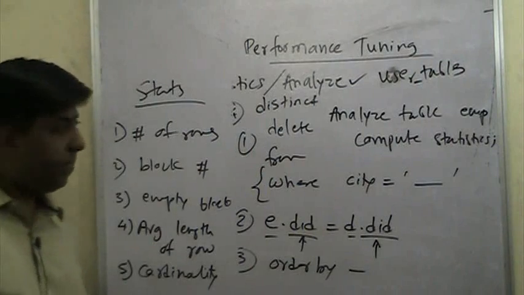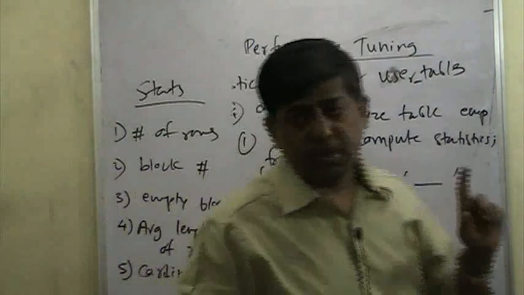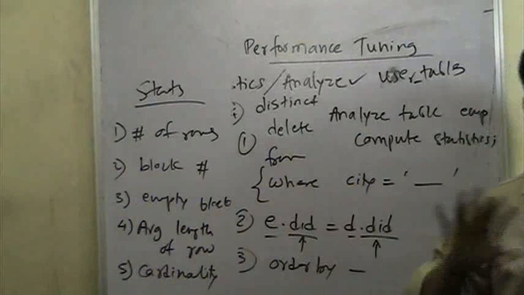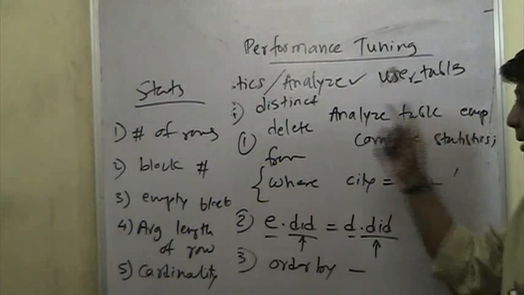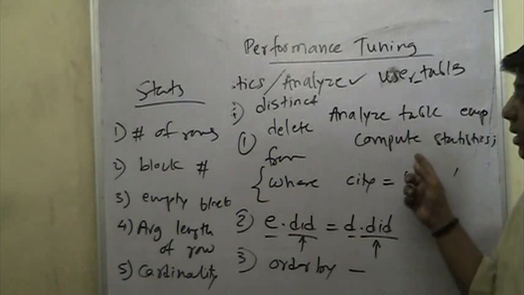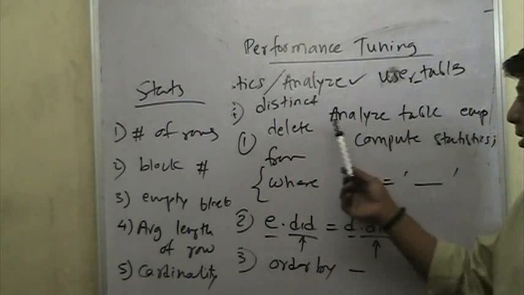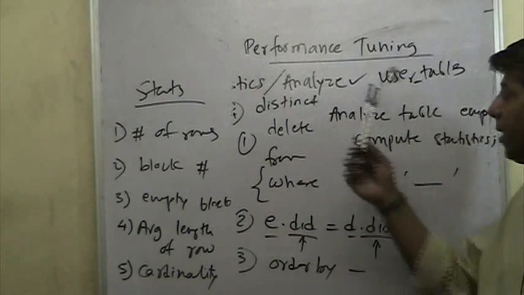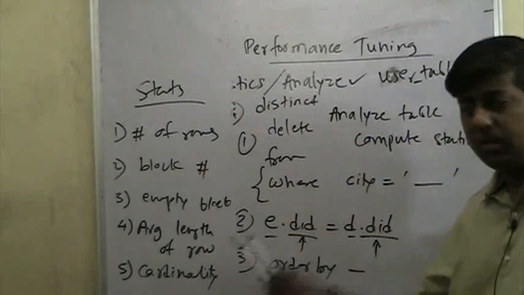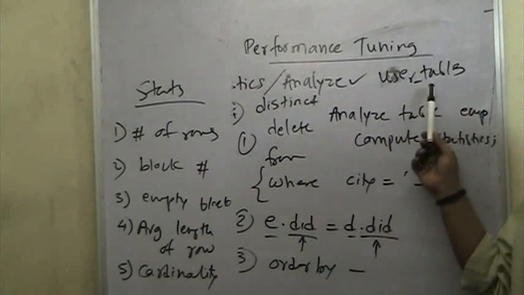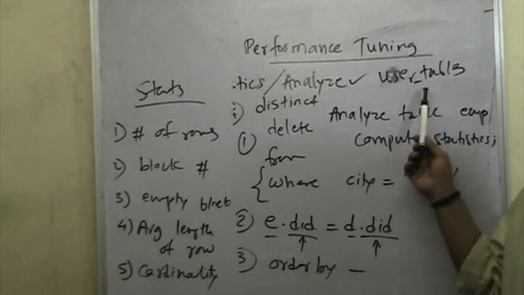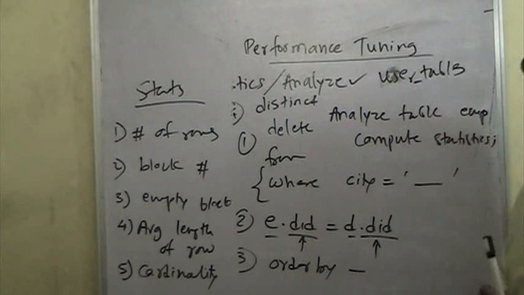Before executing these commands, those columns will be null for that table. After executing this command, those columns will have values. So by executing the analyze command, we have collected the statistics for that table and kept them in the data dictionary views.